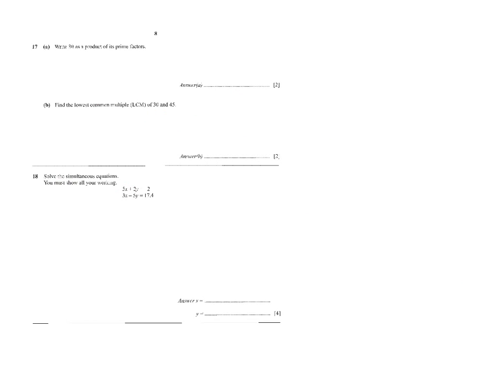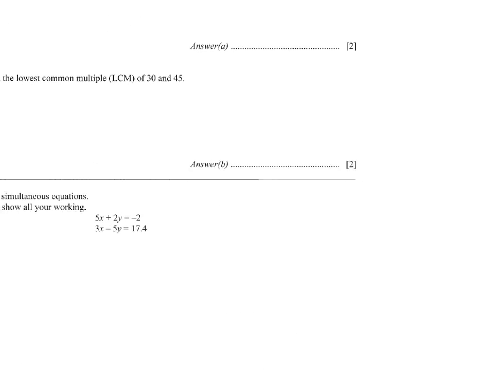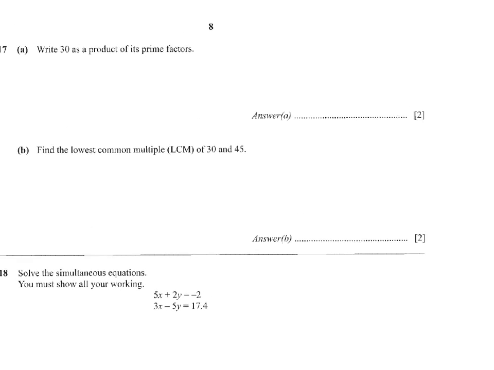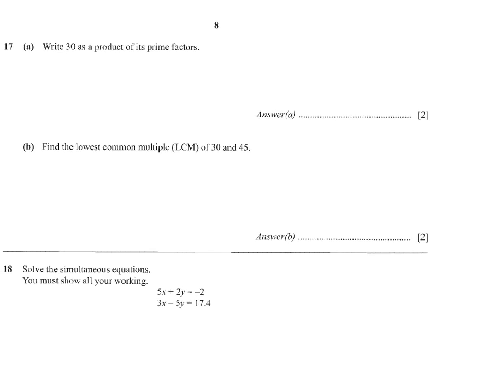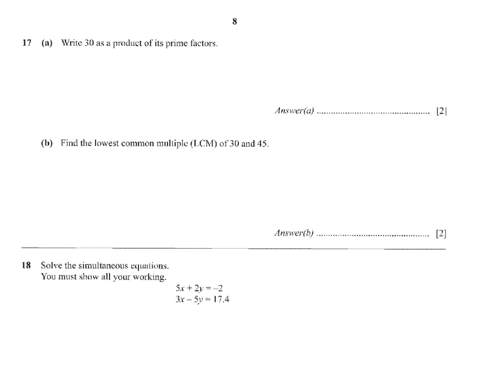All right, here we are, question 17 and 18. And we're going to start with prime factorization. Write 30, it says, let me make it a little bit bigger, as a product of its prime factors. Now, you know what factors are, and I hope you know what primes are. Prime is a number with exactly 2 factors, like 2, 3, 5, 7.